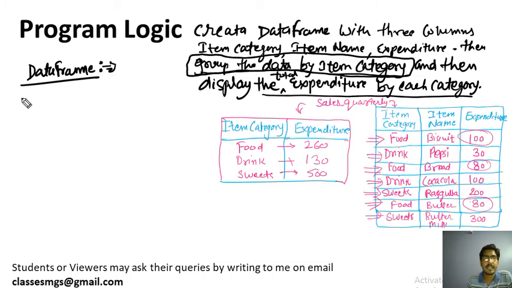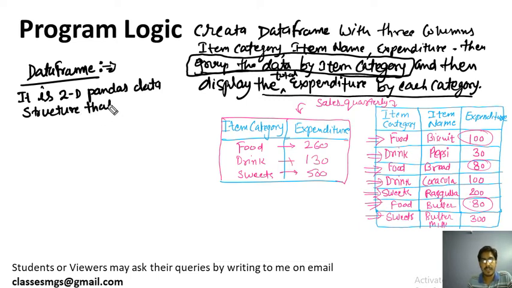What is a data frame? It is a two-dimensional pandas data structure that has some rows and columns. Okay, it is a part of the pandas data structure that has some rows and columns, and it is two dimensional.